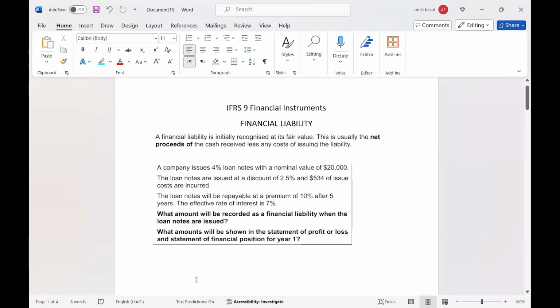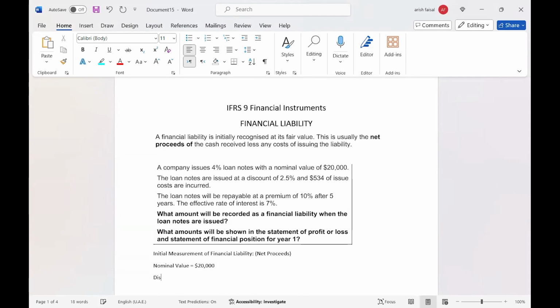And then $534 of issue cost was also incurred. So if you want to calculate the initial value at which you're going to record your financial liability, it will be at the net proceeds. For this, you will take the nominal value of the loan note, which was 20,000.